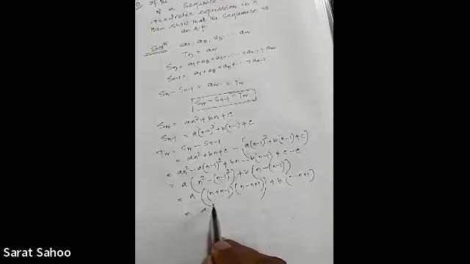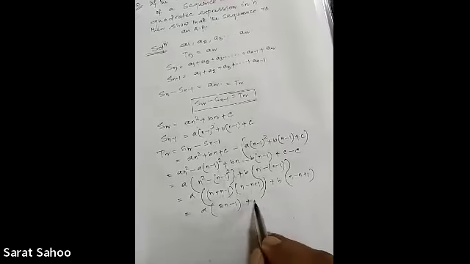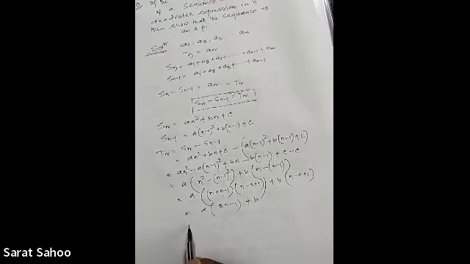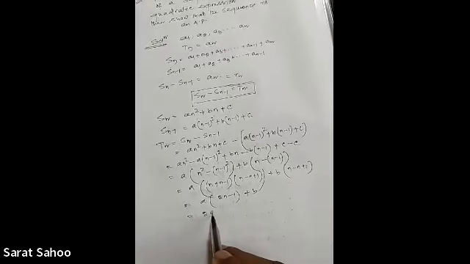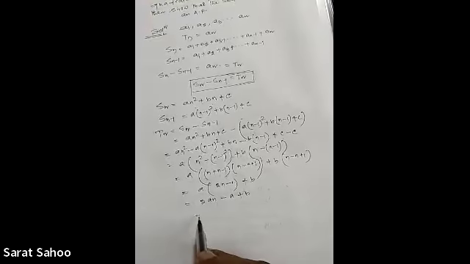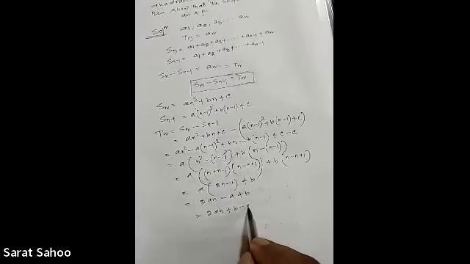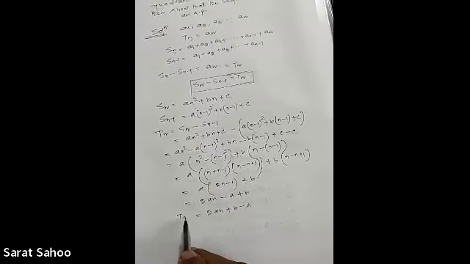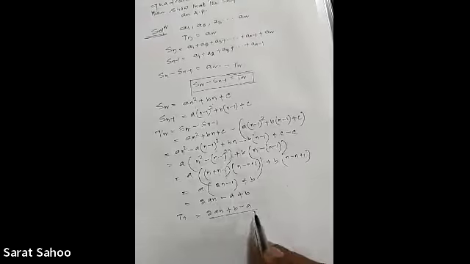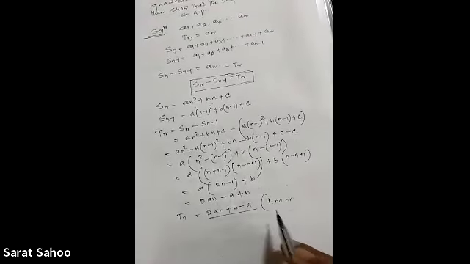This is equal to a times 2n minus 1 plus b. This is equal to 2an minus a plus b, which is equal to 2an plus b minus a. So Tn is a linear expression in n.